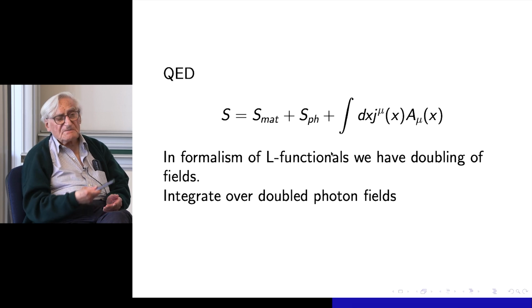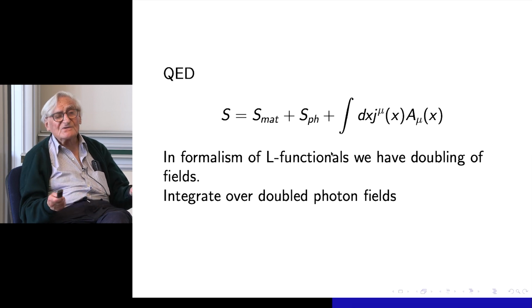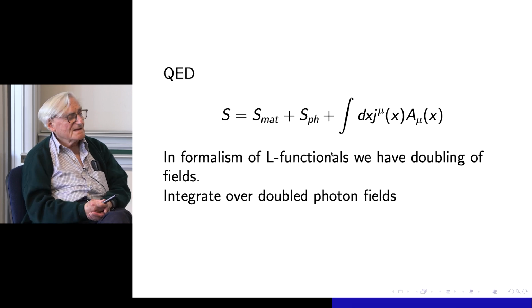I believe that in the formalism of L functionals there is no cancellation; there are no infrared divergences at all. This is my expectation. However, at this moment, I cannot say that this is true.